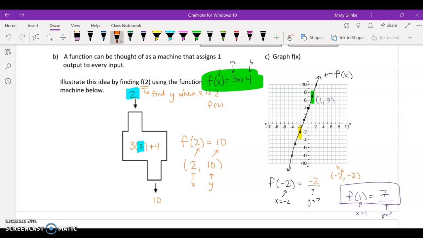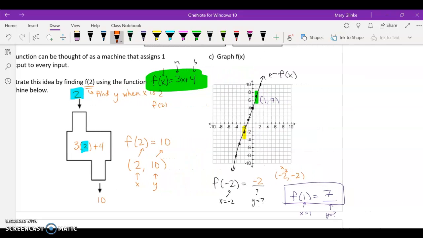You also can use it backwards. So let's try f of x equals -5. What is x? So in our function notation, f of x, as a reminder, is a fancy way of saying y. So this is saying your y value is -5.